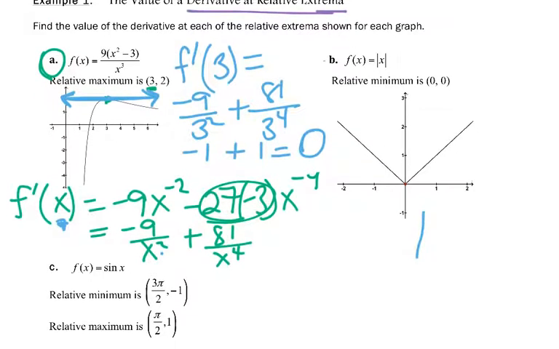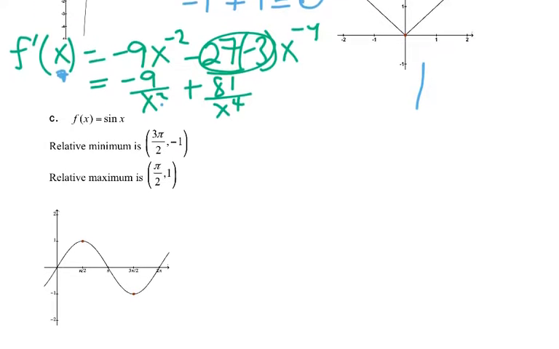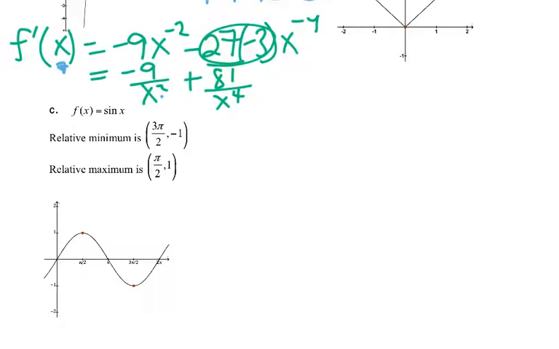Okay, let's take a look at C, and then we'll go back to B. In C, we have a relative minimum at 3 pi over 2, and we have a relative max at pi over 2. Let's find the derivative so we can see what the slope of the tangent line is. All right, the derivative of f of x here, the derivative of sine, is just cosine of x.